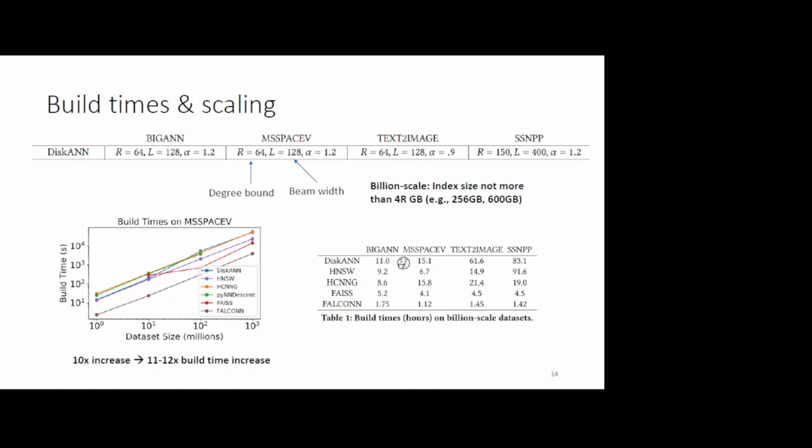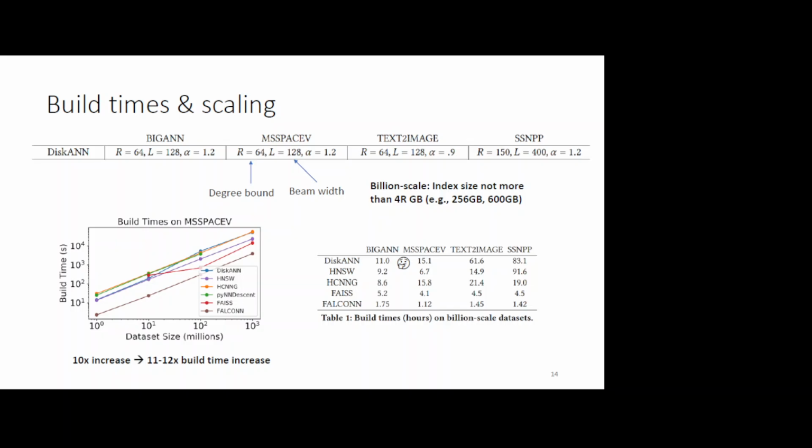Okay, so this graph shows build time on MS SPACEV. You can see there are several methods and their build time when your data size increases from 1 million to 1 billion. They find that actually the build time growth is roughly linear.